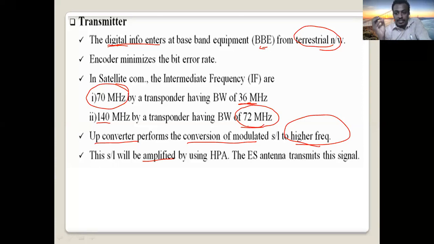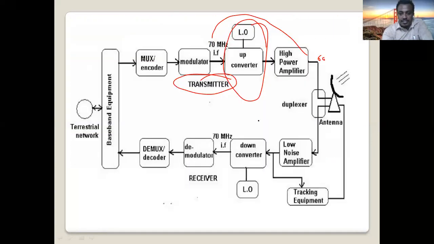Then this modulated high frequency signal must be amplified to high power using what? High power amplifiers like the Klystron amplifier, high power amplifier tubes. You can find Klystron, you can find traveling wave tube, you can find cross-field amplifier, CFA.